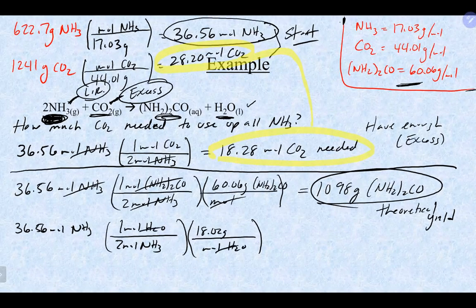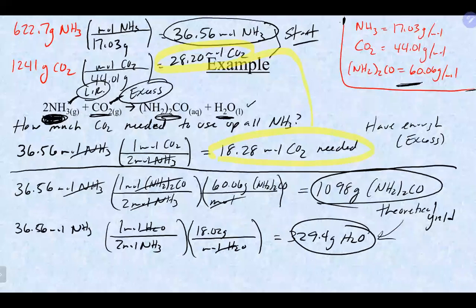And if you did that calculation, you would end up with about 329.4 grams of water would be produced, and that would also be the theoretical yield of water. So there's 2 separate products, and they have separate stoichiometry that you could actually produce in this case. Does that answer your question?